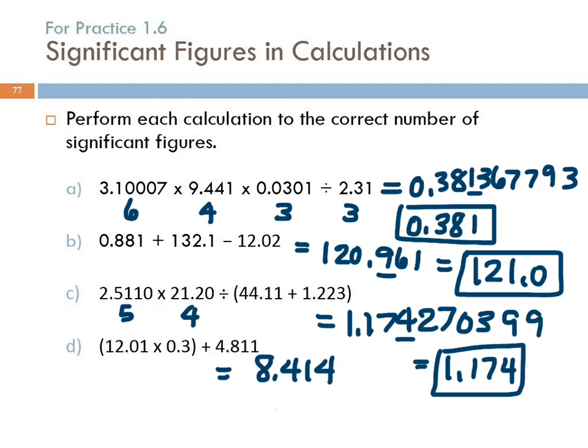I round the answer to 1 sig fig. Don't do it. There's adding in here. So what we need to do is look at the result of this and see how many sig figs that has and where the decimal places are, and then compare it to this. So the result of 12.01 times 0.3 is 3.603.